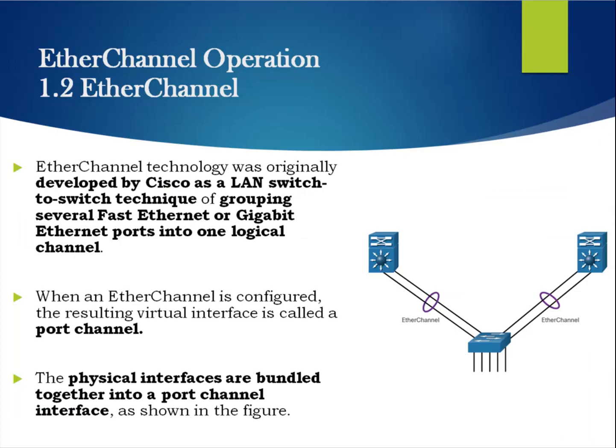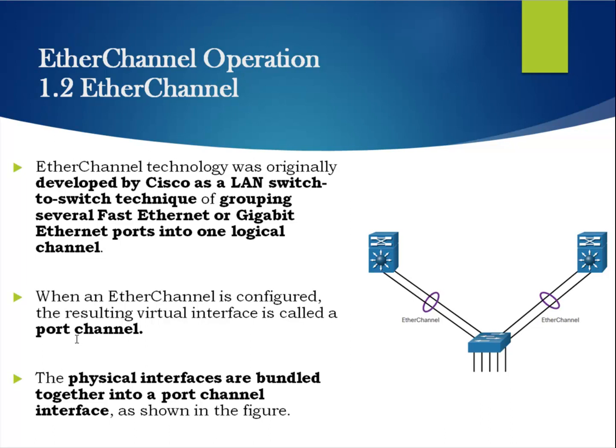Now, we already discussed many points about this EtherChannel. You can see there is another example here. These are the physical links, and you can combine these physical links together. Any interface, Fast Ethernet or Gigabit Ethernet, any type of ports, it doesn't matter, you can combine them together.